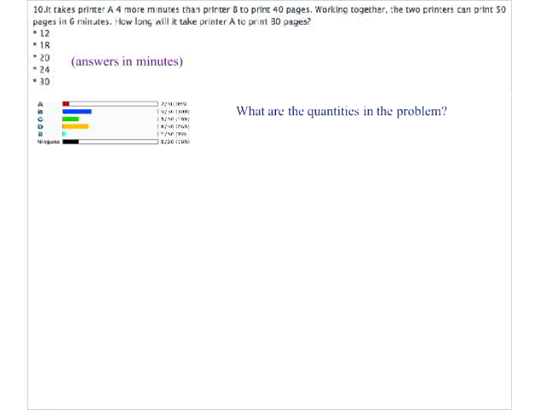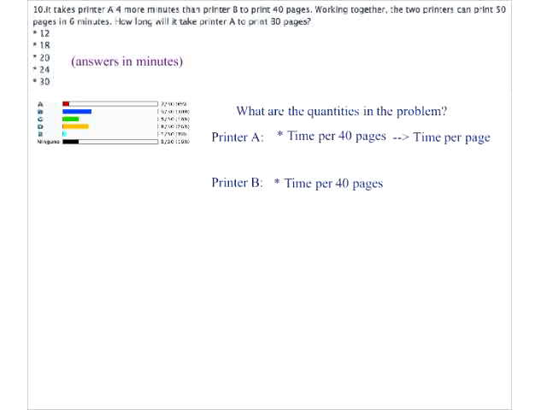We have printer A and printer B, times for different quantities of papers. We have a time for 40. We have times to print 40 pages. Time per 40 pages is a little bit interesting, but it's a start. And then we can take that and make that into a time per page.